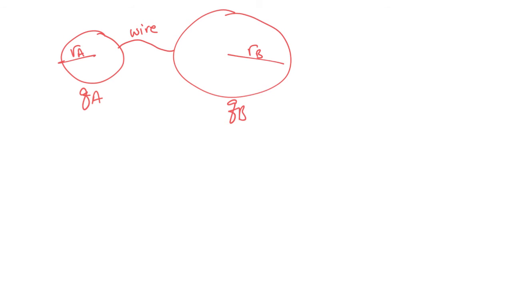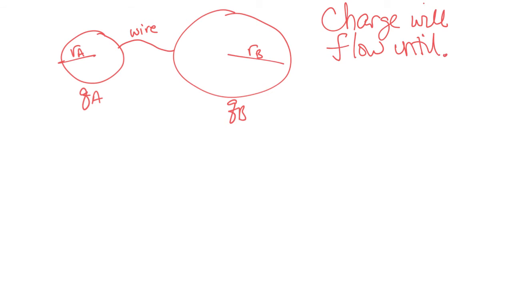Because they're conductors and because I've connected them with a wire, charge will flow until, take a moment and think about that. Why do charges flow? Charges will flow because there's an electric field exerting a force on them.